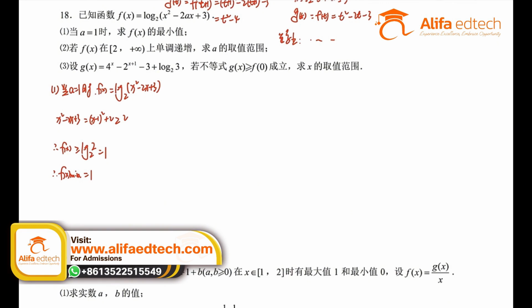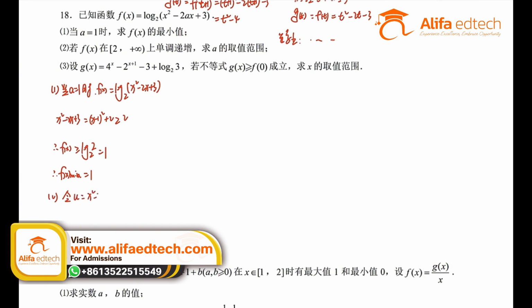It works either way. Next, it says if f of x is monotonically increasing on the interval from 2 to positive infinity, then we need to find the range of values for a. What is it? Okay, so at this point, this is a test of the monotonicity of this composite function. Now at this point, we can let the variable u be equal to x squared minus 2 times a times x plus 3.